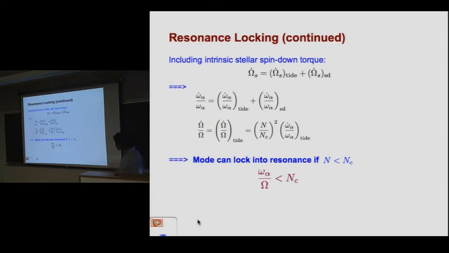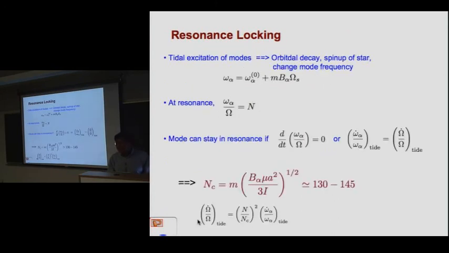So resonance locking can occur if you are locked into resonance with n less than NC. Why are you saying that you don't need NC, but any n smaller than NC? Okay, we can go through this math.